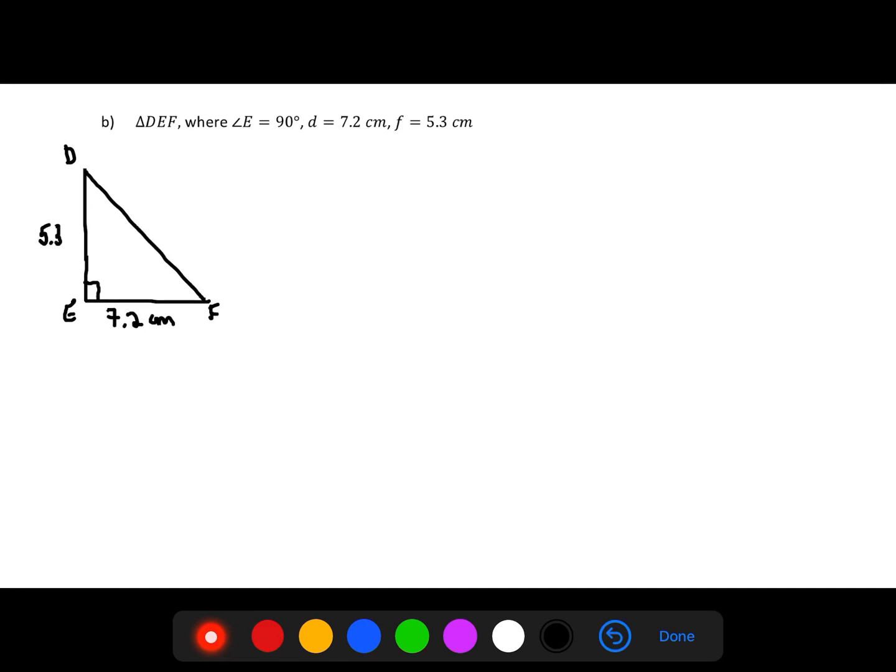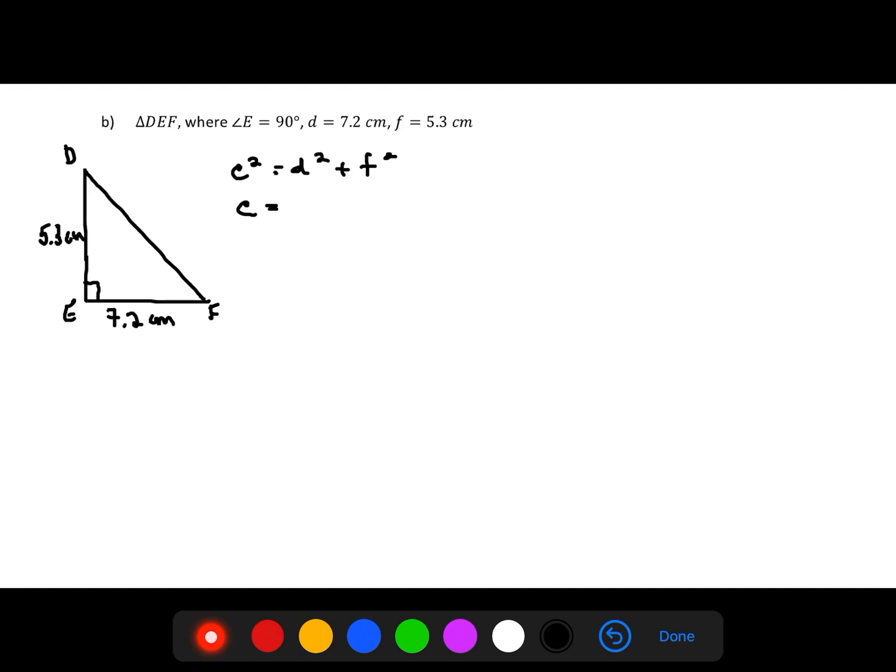We know side F across from angle F is 5.3 centimeters. So we can see that we need to find angle D, angle F, and side E. Notice that we can use Pythagorean theorem here.